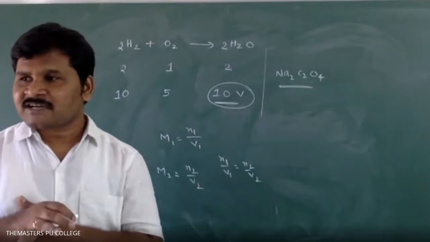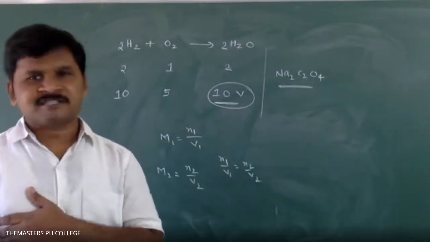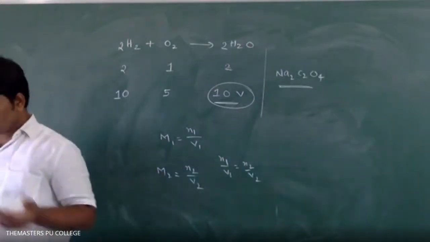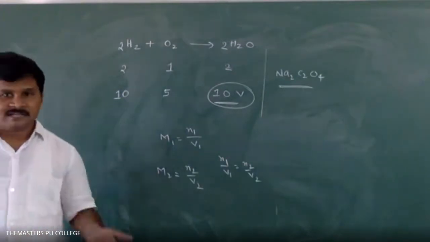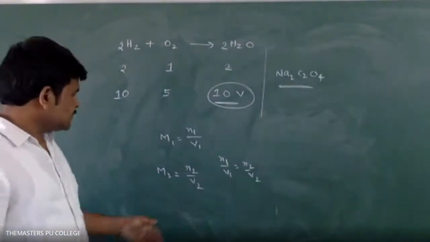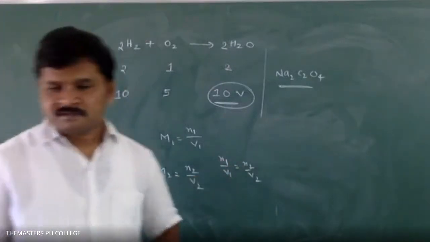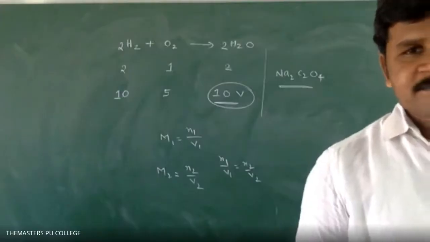Is it possible to calculate molecules? Number of molecules is equal to number of moles into Avogadro number. So that's why equal volumes of two solutions contain equal number of solute molecules. V1 by V2 is equal to N1 by N2, so N1 and N2 values are the same, directly proportional. Yes, sir. Option 1.